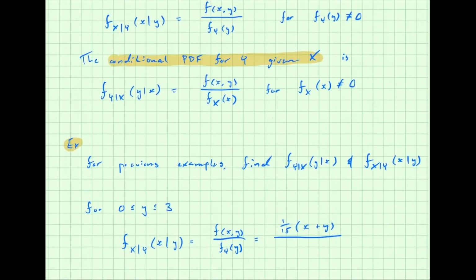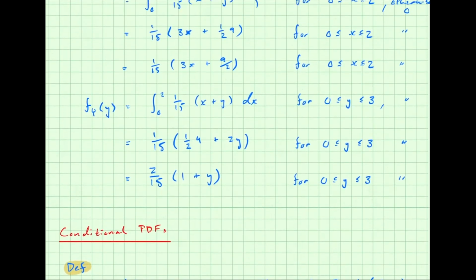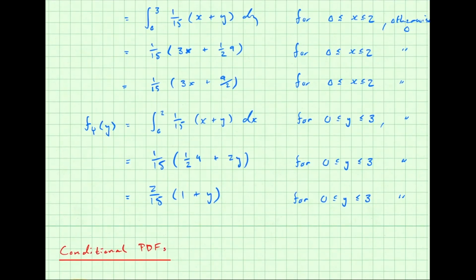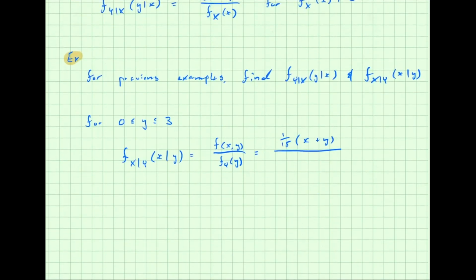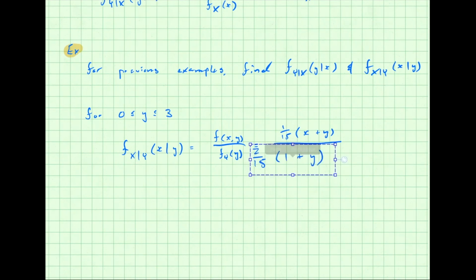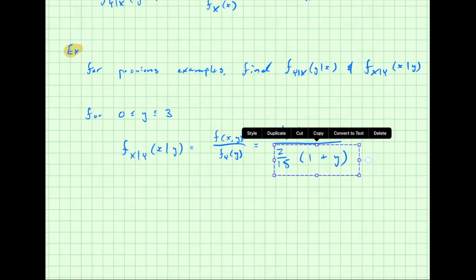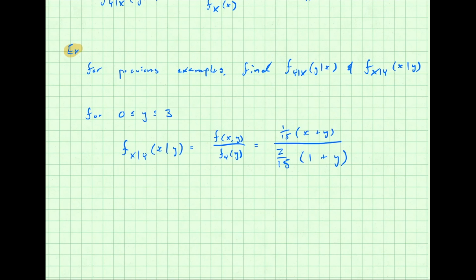And the marginal distribution I don't remember, but we did work it out. Here it is, just steal it. So it's 2/15 times 1 plus y. Put that down there. And then when you tidy that up, the 15ths go away, and you get 1/2 x plus y over 1 plus y.